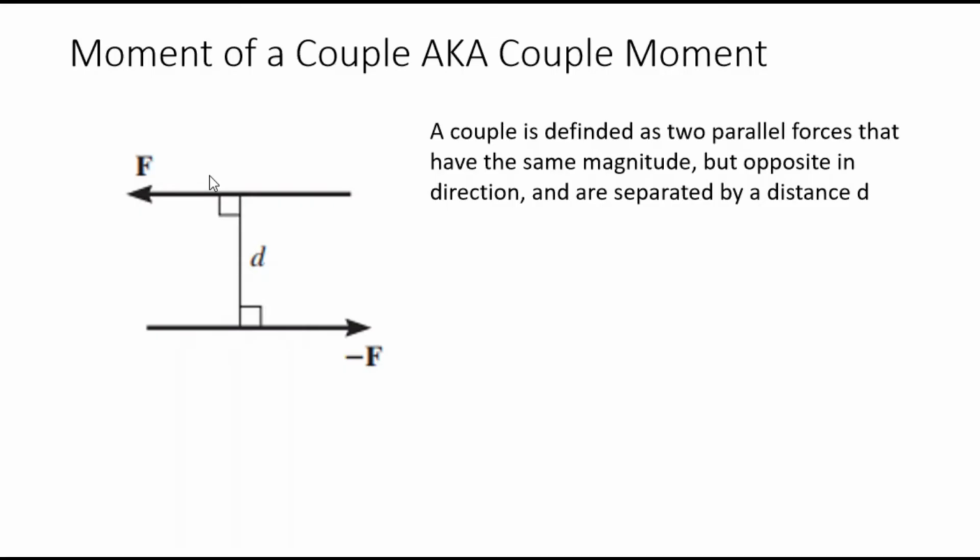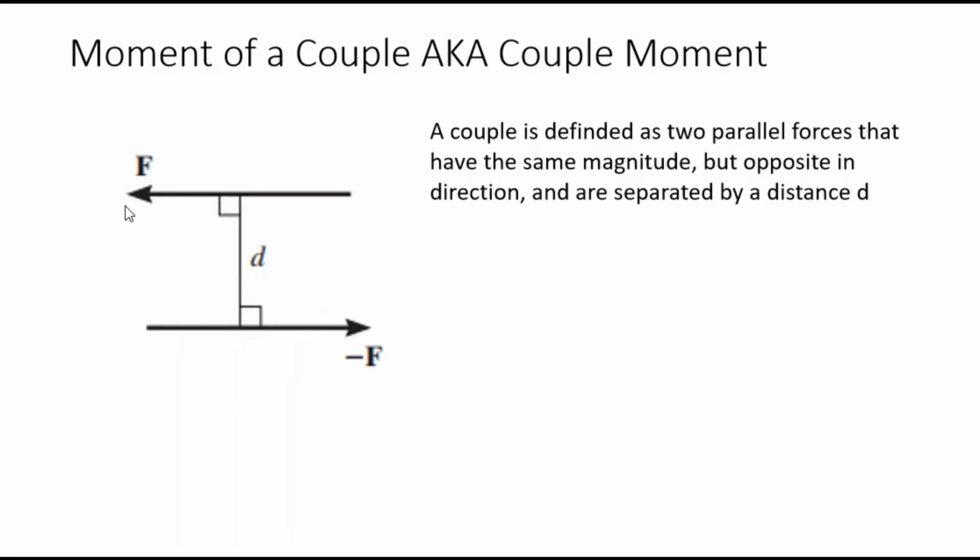So with this perpendicular distance d, these two forces will rotate in a counterclockwise direction. So it is 0 in terms of summation of forces in the x direction, but it will rotate. That's what is called a couple. As simple as that.